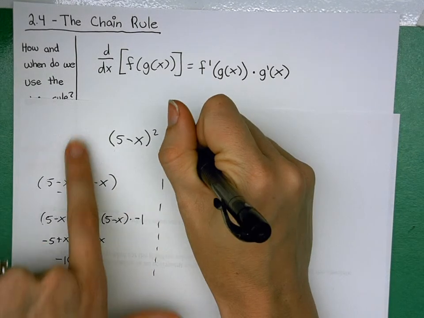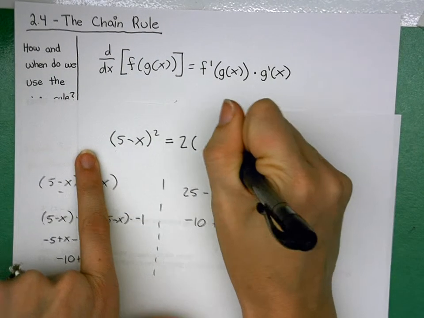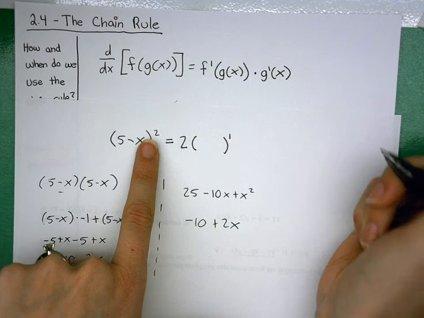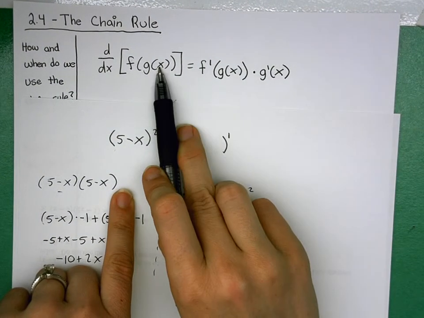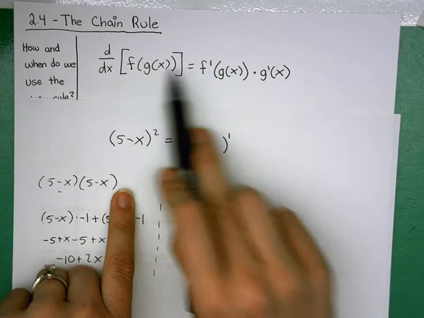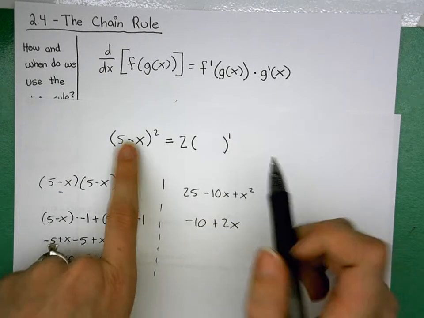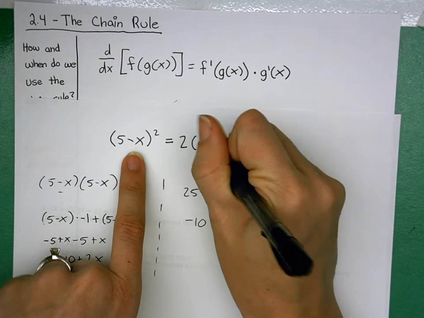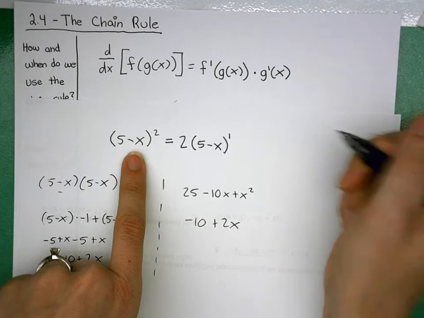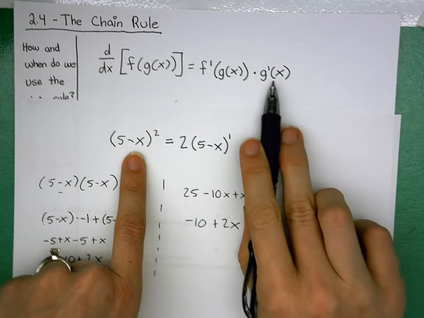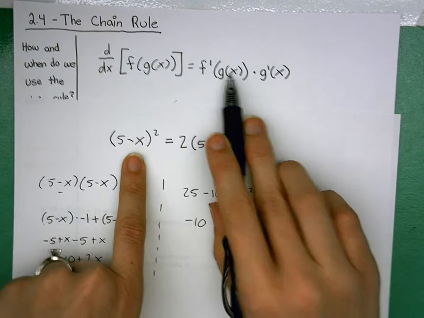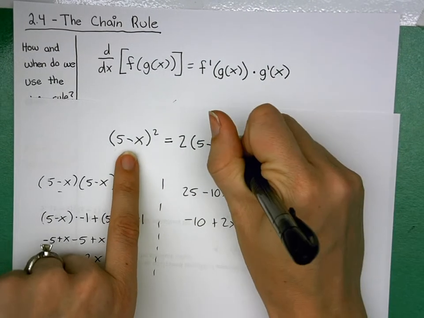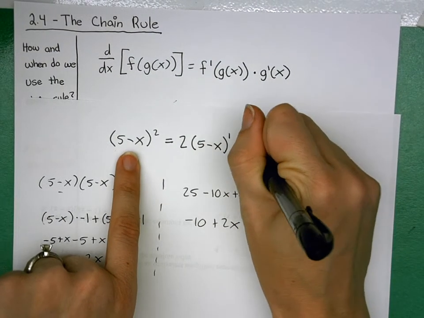So we'd bring down that 2 in front, we'd subtract 1 from the exponent, and then my g of x, the function inside of the parentheses, inside of the f, stays the same. And so my g of x in this case is 5 minus x, so it would stay the same. And then we would do the derivative of that function inside of the parentheses, that function inside of my f.